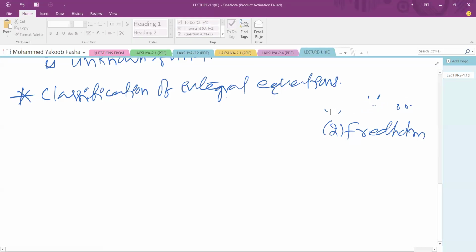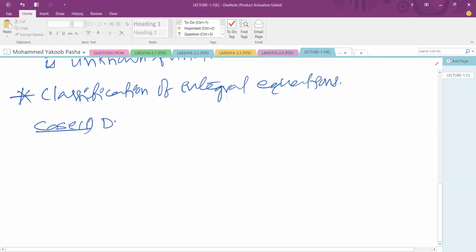But we can classify integral equations depending on y of t, g of x, f of x, and the limits of integration into several types. First, case 1, depends on y of t.